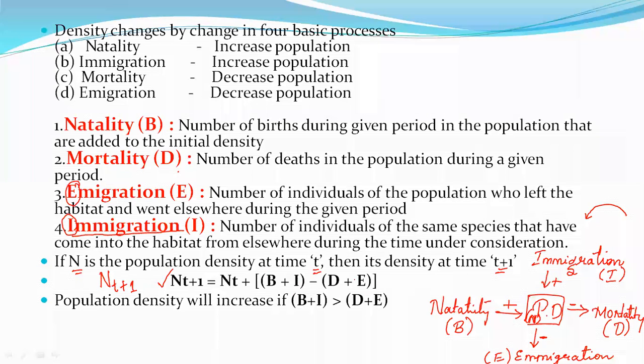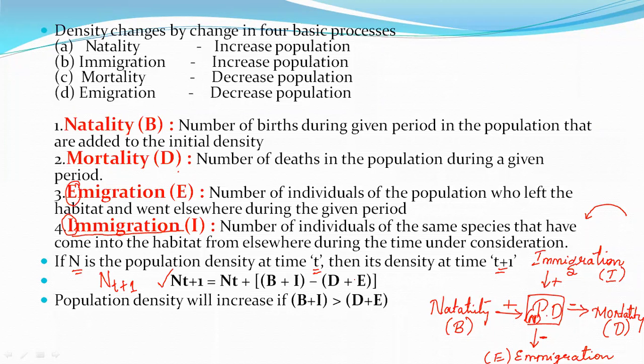Why B plus I minus D plus E is taken is to know how many births have taken place during the given period of time in that particular area.